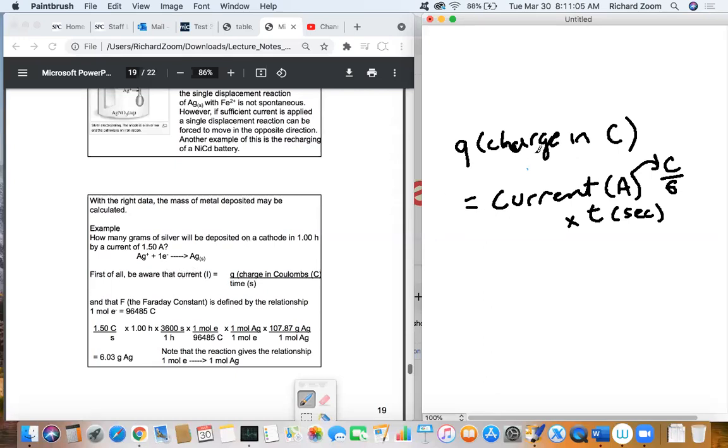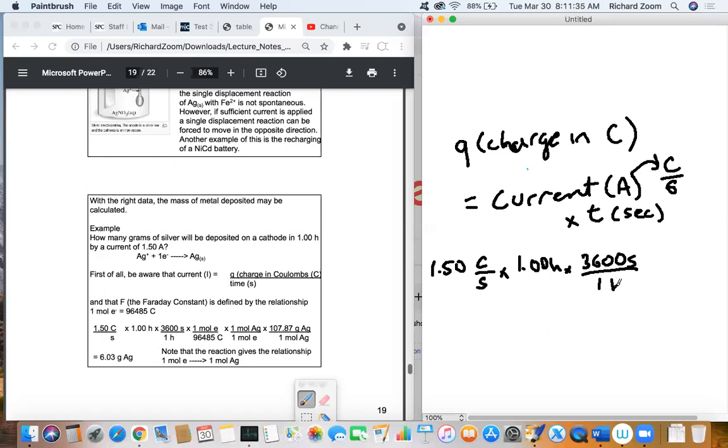So the first step here is to figure out the charge in coulombs, and we can do that by taking 1.50 amps, which is coulombs per second, multiply it by the time, which is going to be 1.00 hours, convert that into seconds, 3,600 seconds per hour. That's 60 minutes times 60 seconds is 3,600.